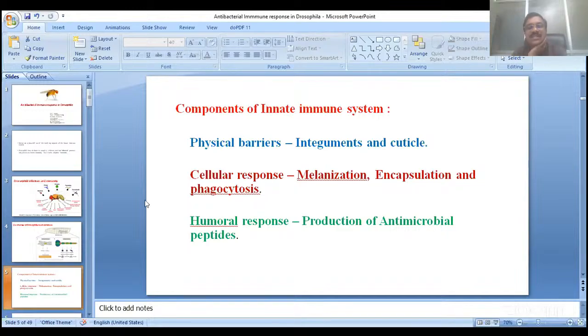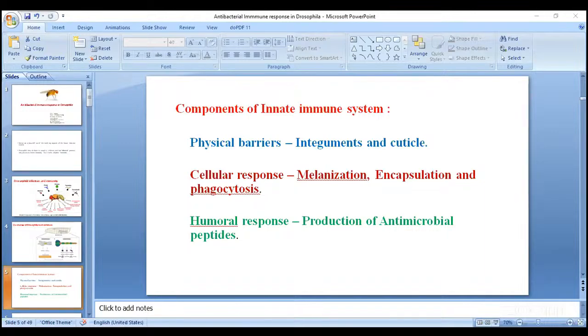Can you see the slide now? Now visible, sir. I'm putting this into the slideshow. Can anyone tell me how to put this on screen?